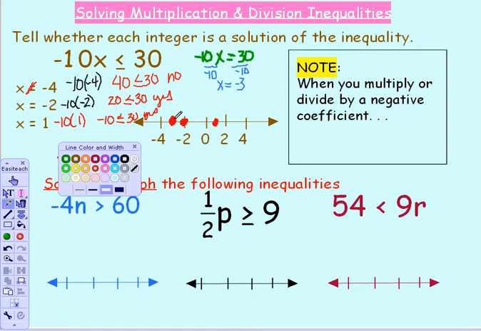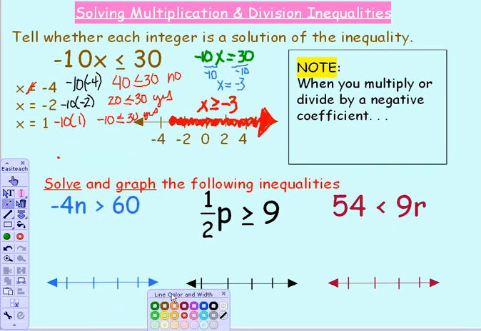And we've already tested a few of these points, so we can see that this inequality is going to go off to infinity to the right. So all of these numbers where x is greater than or equal to negative 3 would be our solution set.